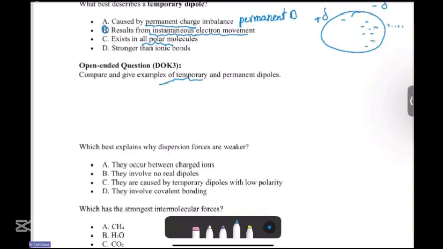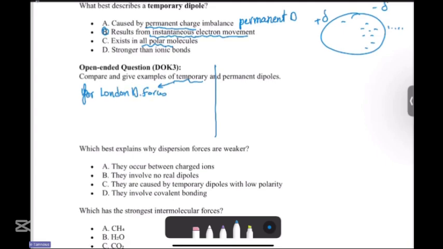Temporary dipoles you can find in all kinds of molecules: in polar, in non-polar, in atoms. So these are observed for London dispersion forces, whereas permanent dipoles are observed in dipole-dipole forces. These are stronger and permanent.